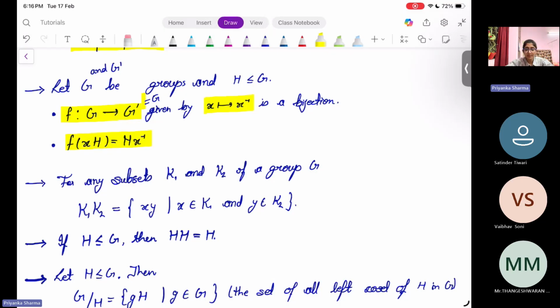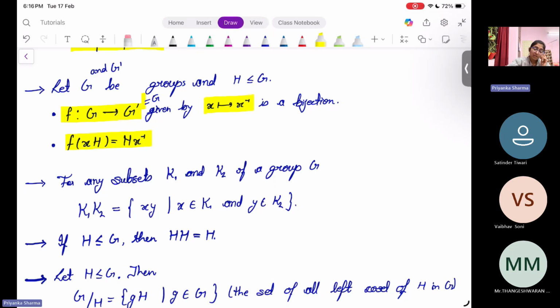Under this bijection, the image of every left coset will be a right coset. If we consider the left coset of H in G with respect to the element x, then its corresponding right coset of H in G will be generated by x inverse.